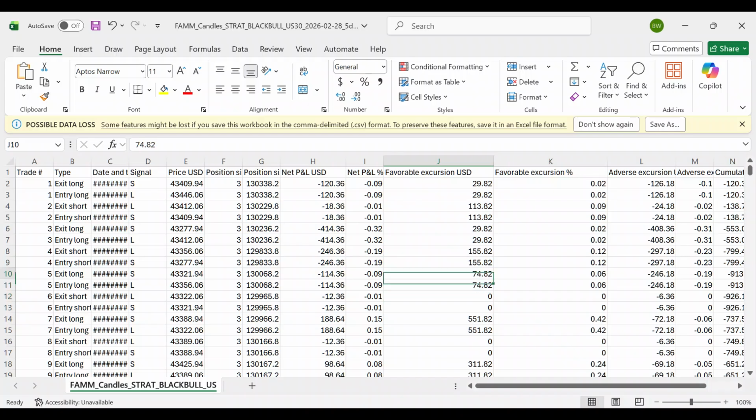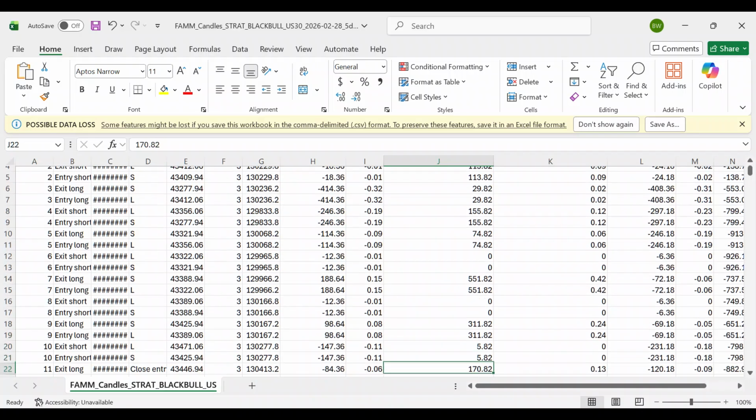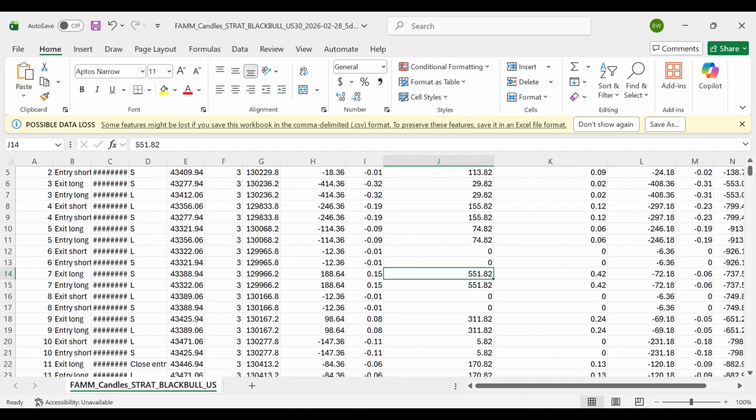What I'm trying to show you guys is how often these go into profit, right? And at $3 per pip, $30 is 10 pips, $60 is 20 pips, and $90 is 30 pips, right? We're looking for 20 to 30 pips on a regular basis.